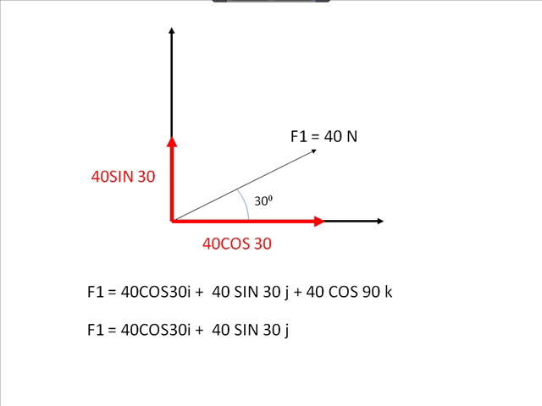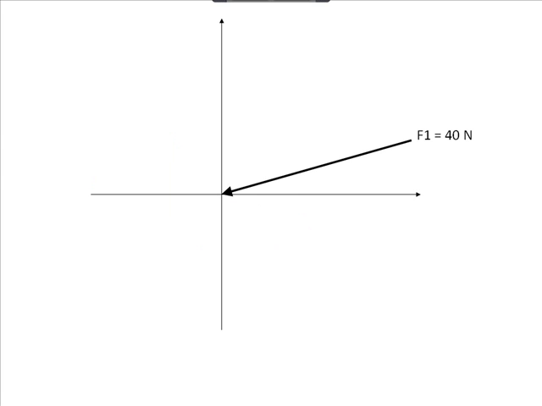Let's say I have a force in first quadrant, but now towards origin, of magnitude 40 and inclined at 25 degree with x-axis. Now if I try to resolve this force, it will look like this: minus 40 cos 25 i minus 40 sin 25 j.